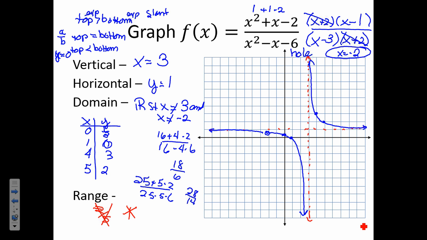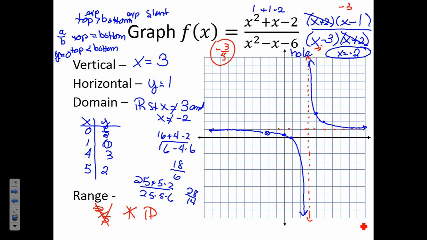You want to see all real numbers or the ranges? We said, okay, what happens where we have our hole? When we put -2 in here, -2 minus 1 is going to be -3, and -2 minus 3 is going to be -5. So -3/5 is y's value where x was equal to -2. Did you want to see the interval version of it, or do you want to just do all real numbers except?